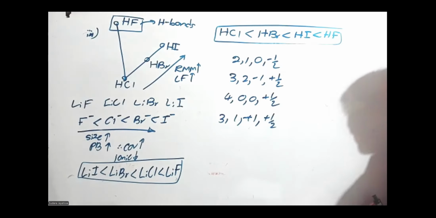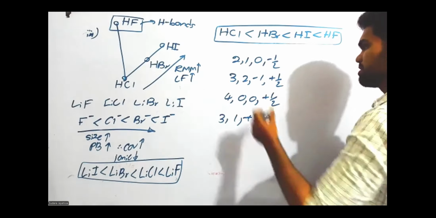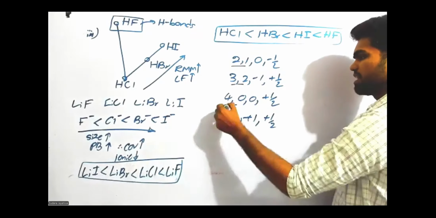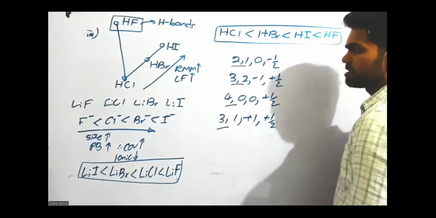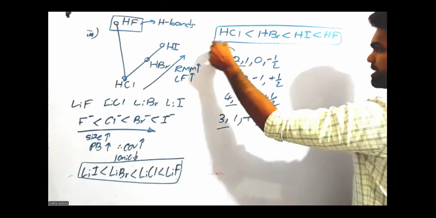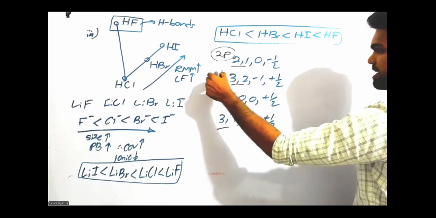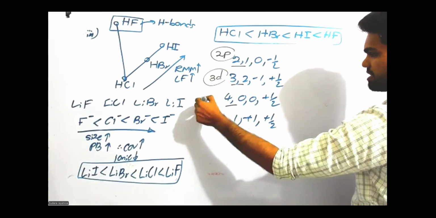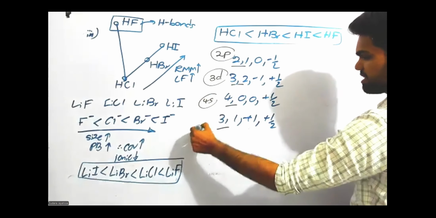So these are the four electrons. By analyzing the first two quantum numbers, identify their sub-energy level. So this one is 2p, this one is 3d, this one is 4s, and this is 3p.